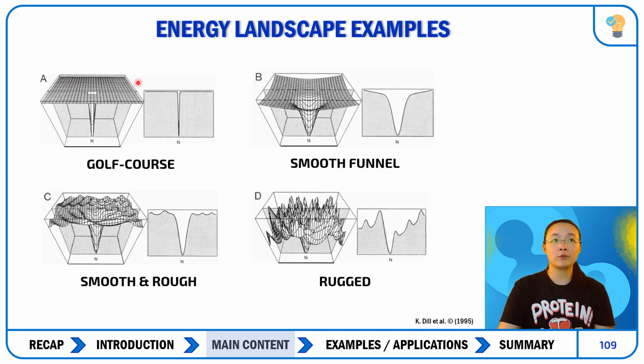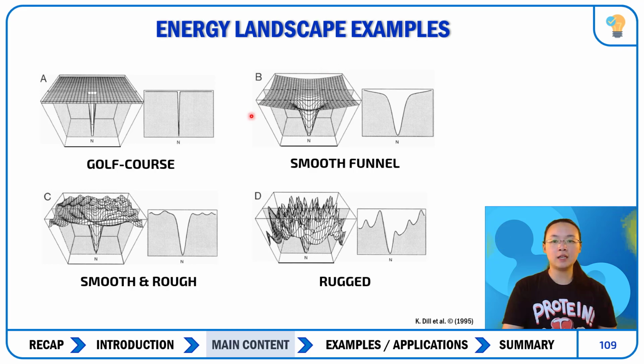Here we have that golf course energy landscape, which we know doesn't work. If we have a funnel, kind of like these two, if we have a funnel-like folding landscape, we can say that it's under thermodynamic control as the energies of protein folding are taken into account, and therefore entropy is your main driving force.